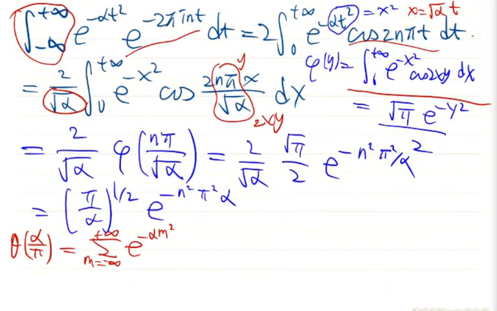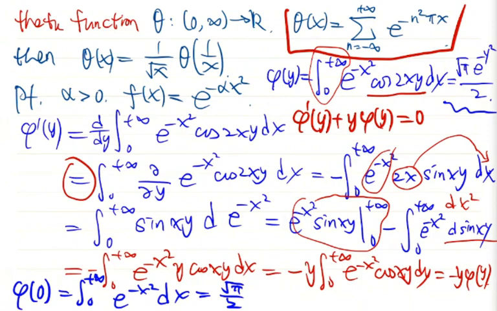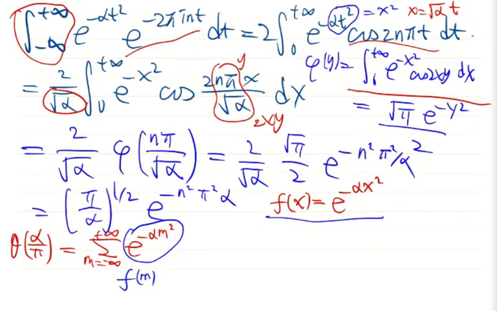Then by Poisson summation formula, this can be considered as the Poisson summation for f(x) equal exponential of minus alpha x square. Then this value is just f(m) for our f. So we apply Poisson summation formula for this function f(x) equal exponential of minus alpha x square.